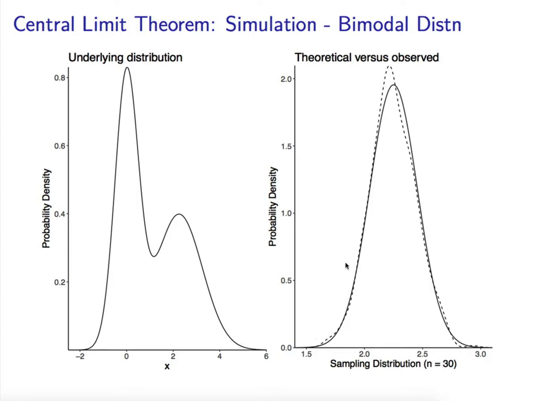Here's our theoretical distribution, centered about the mean and with a standard deviation based on our sample size and the standard deviation of the underlying distribution. Again, remarkably, the density of our sample looks very similar to the theoretical distribution.